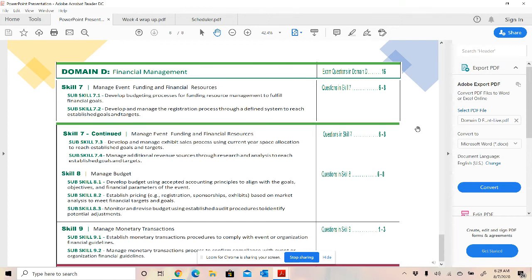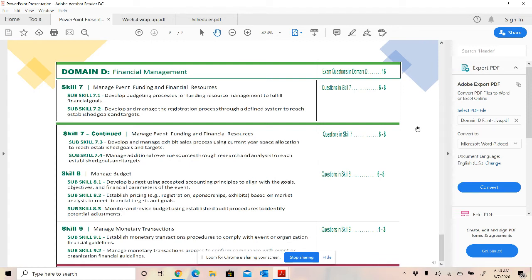And if you're a member, you have access to all the videos that you can go through and watch how to plug in each of the formulas. And if not, there are some videos posted on my YouTube channel of a few of the formulas. So make sure that you have those formulas memorized because you will need to use them in the exam.